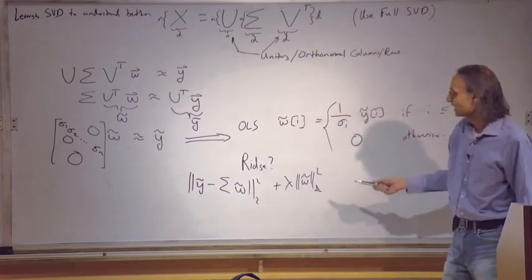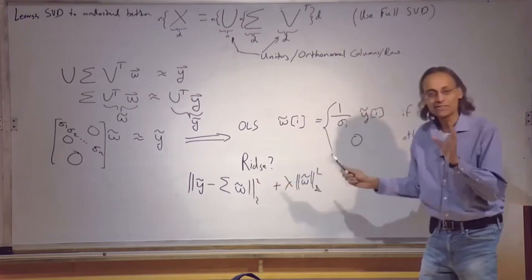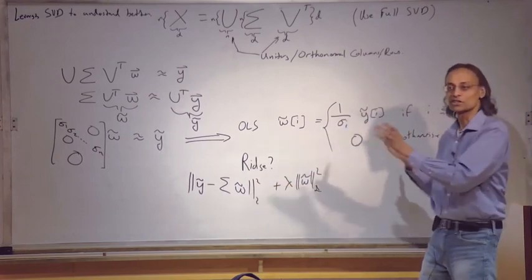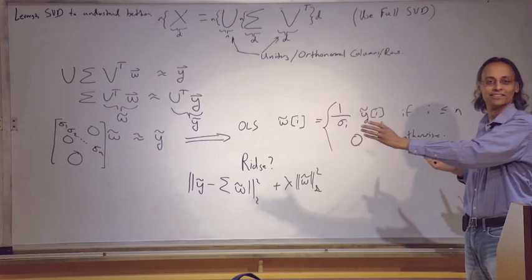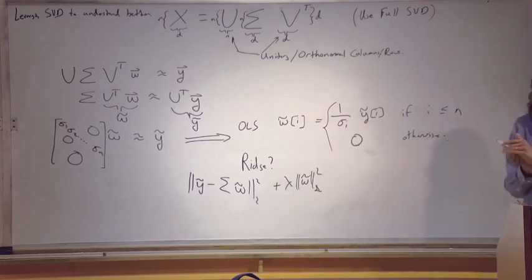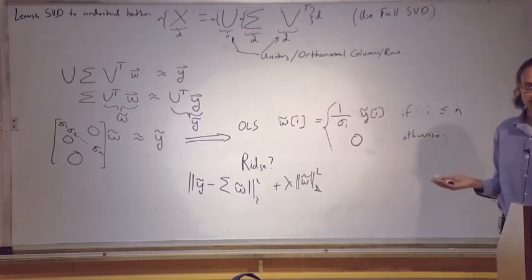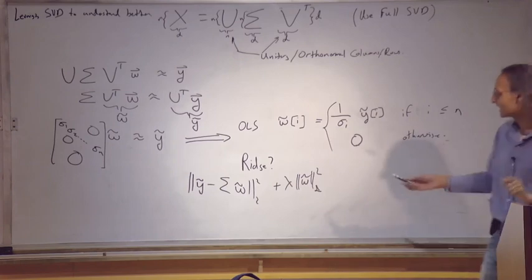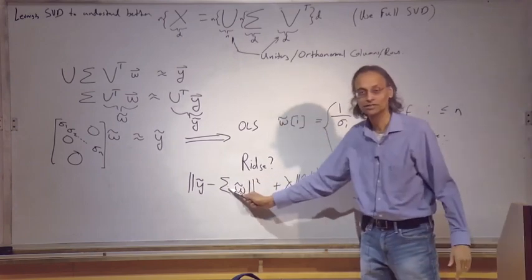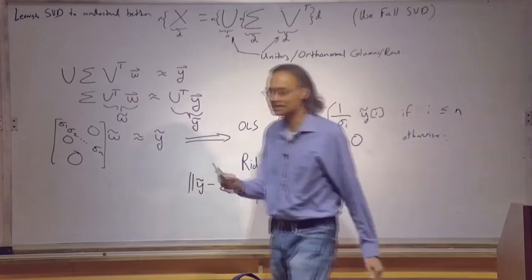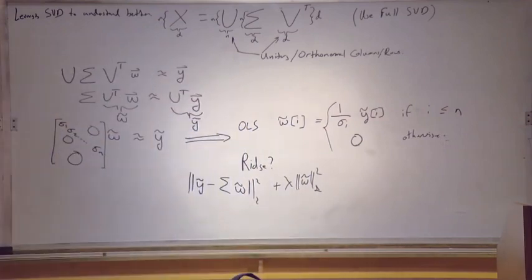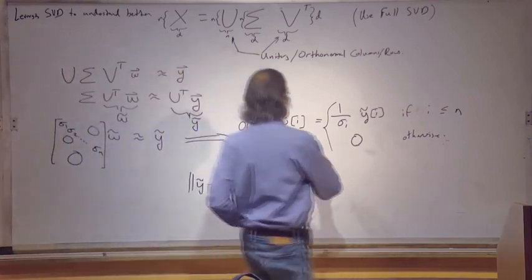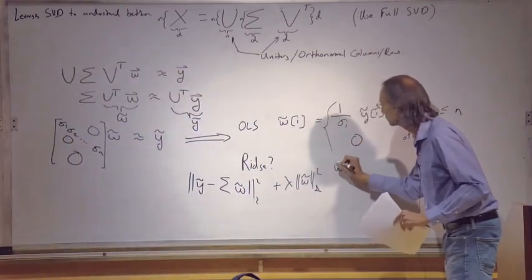in which you have n different optimization problems that are just summed up. So you might as well consider them n decoupled optimization problems. Like there's no interaction between them. Okay? Because this is diagonal. So it's like solving a scalar ridge problem. Because you're solving a scalar ridge problem, the solution, you can just grind out the algebra.